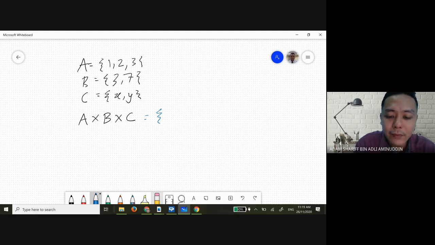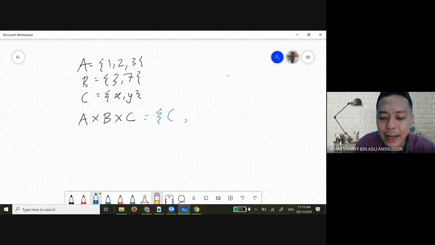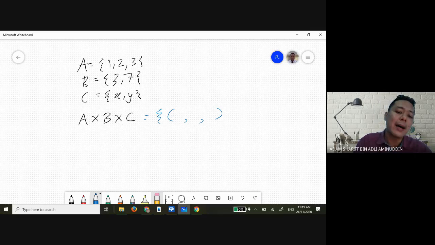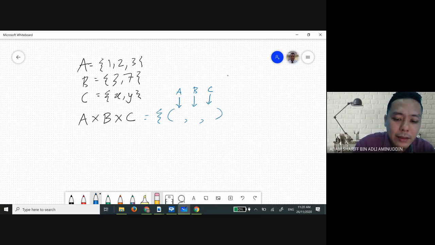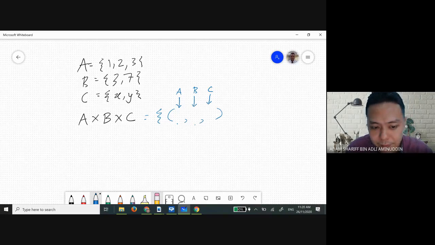Okay, for the first ordered triplets, I should imagine there will be 3 elements from my ordered triplets. And the basis of this, the first, it will be from A, it will be from B, it will be from C. It must be in this particular order. You cannot change the order. The first element datang daripada A, B, and the last one from C. The answer will be quite long, by the way.